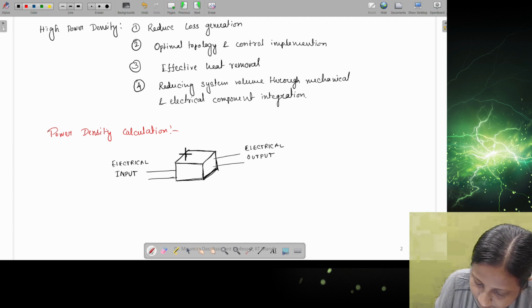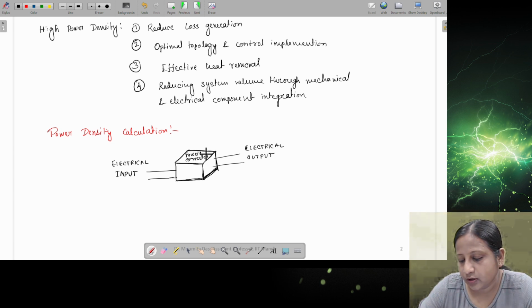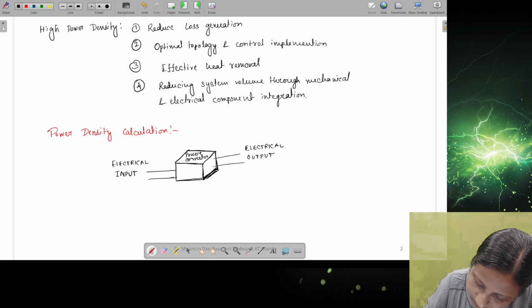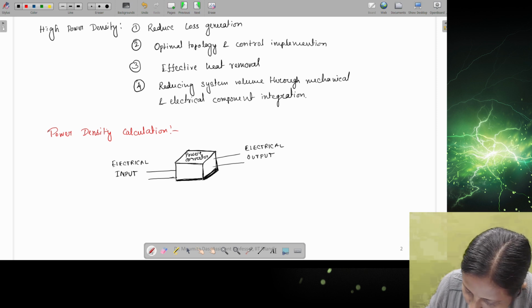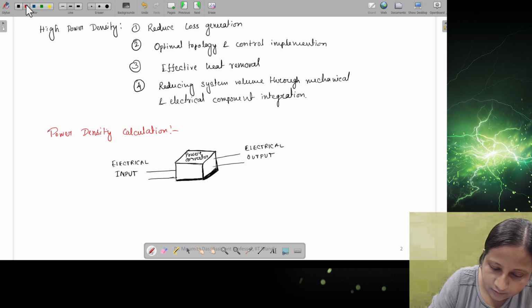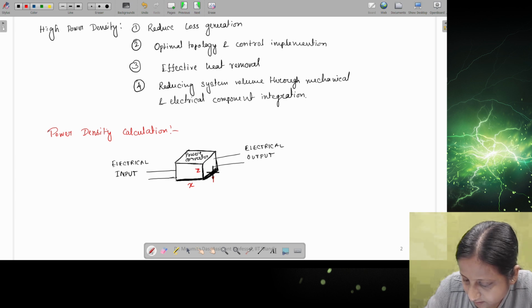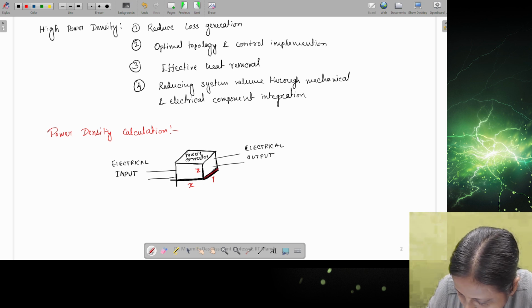And this is the power converter. Right. Now if we have to calculate the power density, let's represent these three different sides. Let's say this is x, this is y, and this is z.